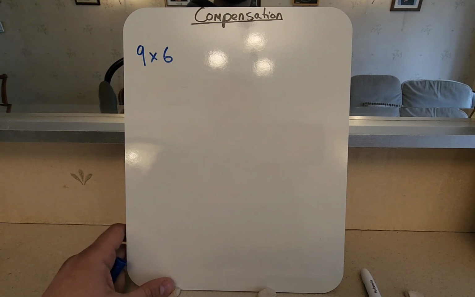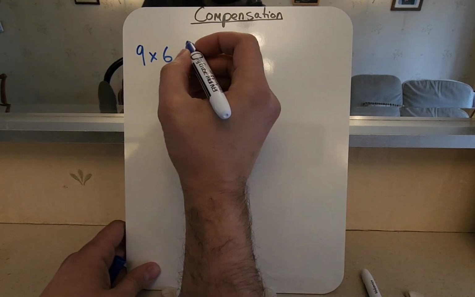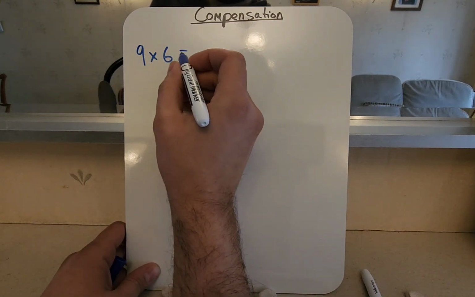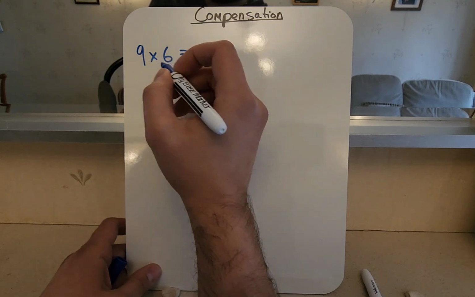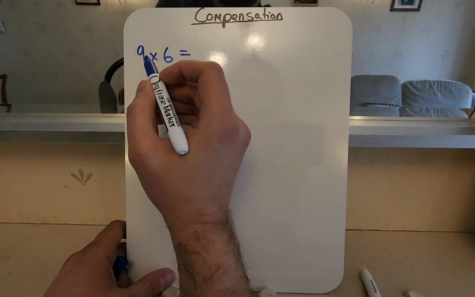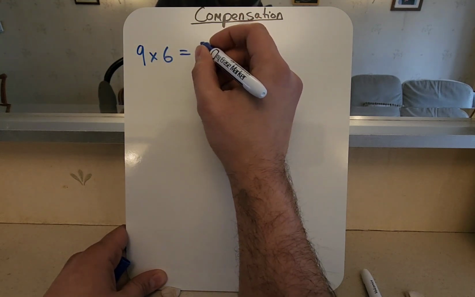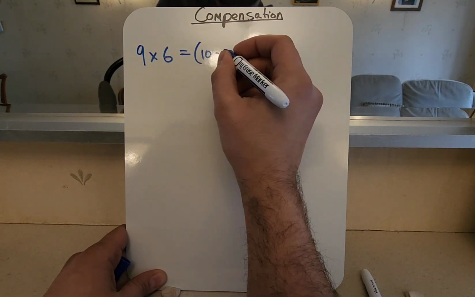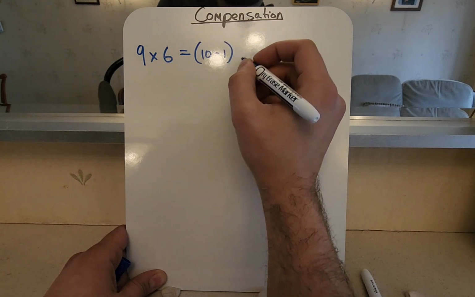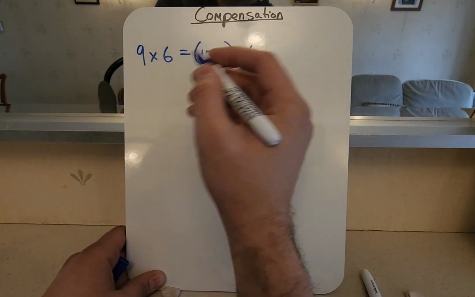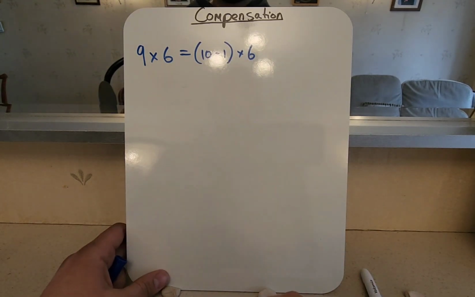Some people find the 9 times table comes easy. I personally, for many, many years, including throughout my degree, was doing the compensation method, where I would write 9 in my head as 10 minus 1. I'd then times both of these numbers by 6.